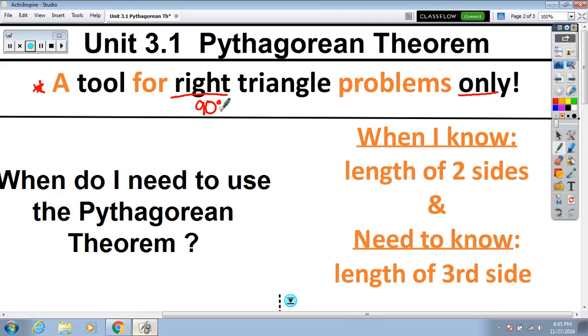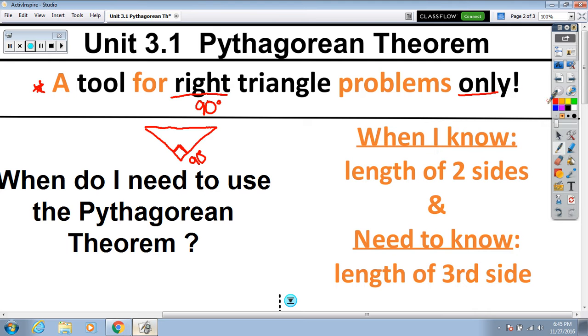Okay, that's very important. You cannot use this if you look at the angles inside of your triangle and none of them measure 90 degrees. You have to see either the little box or that they've given you the measurement as 90 degrees. One of your angles must be 90 degrees. So that leaves 90 degrees left for me to split between the other two angles.